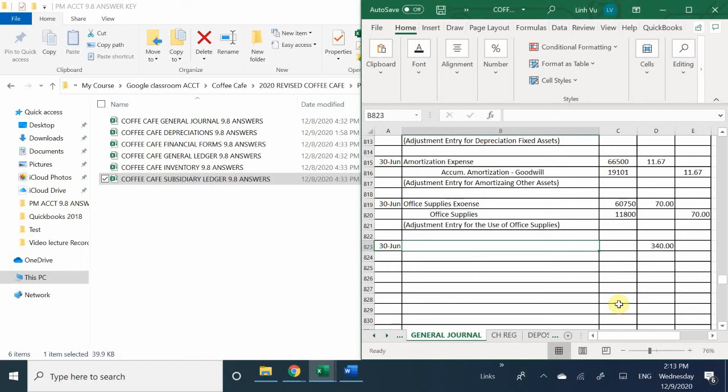Okay, so yes, that's going to be the debit, right? We're recognizing that this is going to be an expense that is going to happen for the month of June. All right. Now, I'm not paying her yet. I'm going to owe her. So what account am I going to be using for this one?